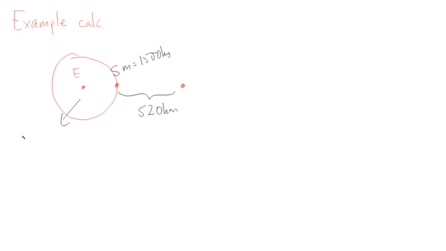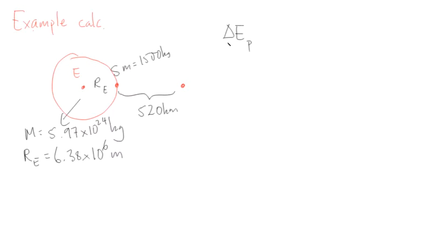We're told that the Earth has mass 5.97 times 10 to the 24 kilograms. And what else do we need to know? We need to know the radius of the Earth, 6.38 times 10 to the 6 meters. So we want to work out the change in potential energy.